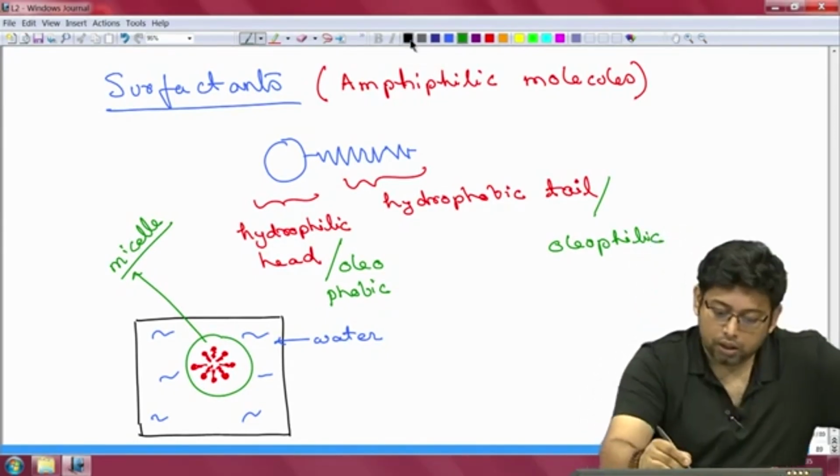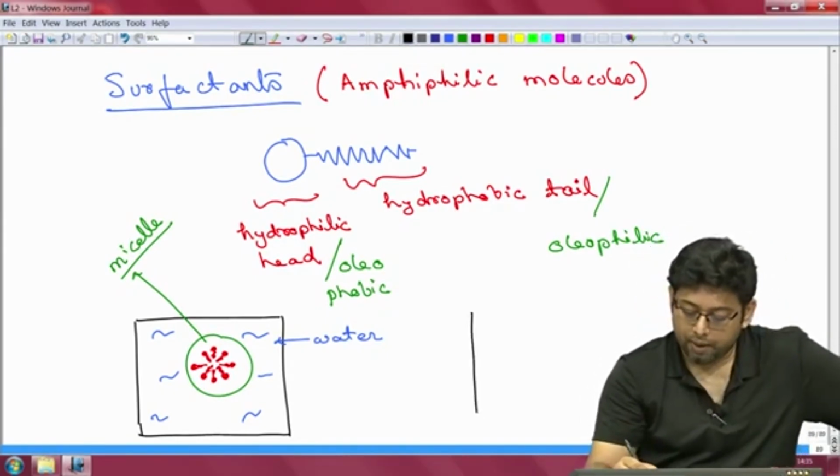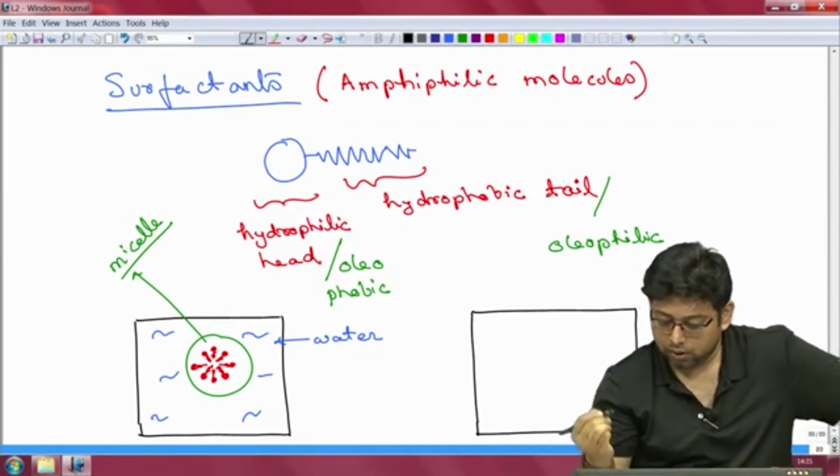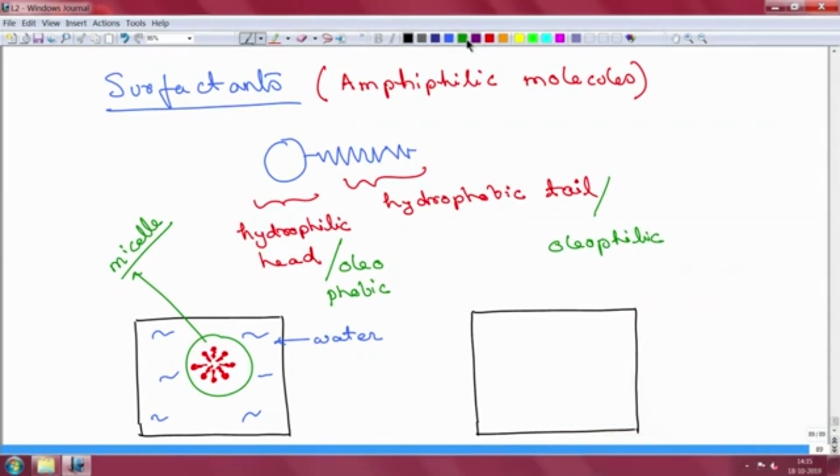If you had water, sorry, if you had oil, what would happen? So, let us take this, and this is oil. So, for oil, the hydrophobic tail becomes oleophilic.